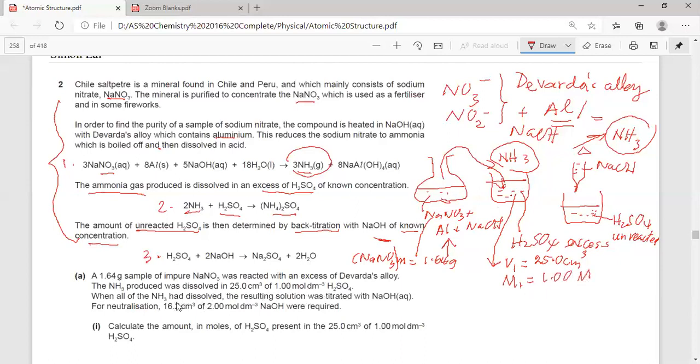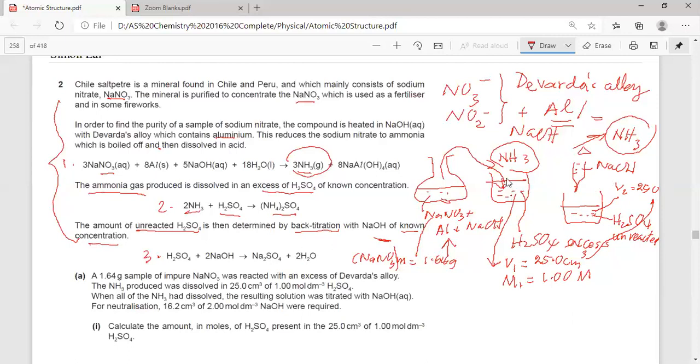When the ammonia was dissolved, the resulting solution was saturated with NaOH. The volume, let's say V2, is still 25, the same. Now, how much NaOH do we use?